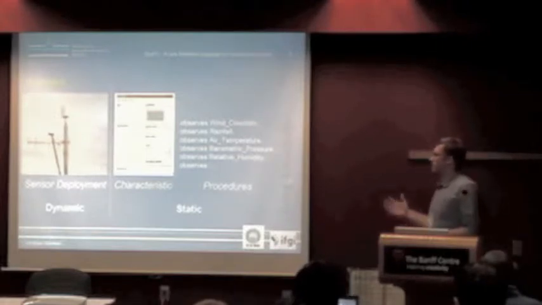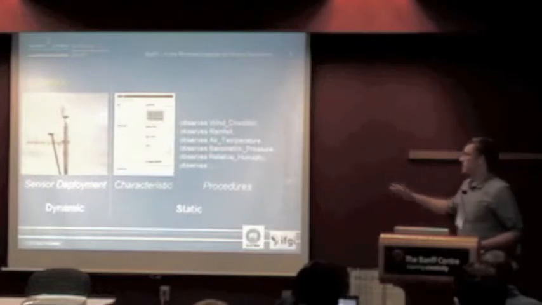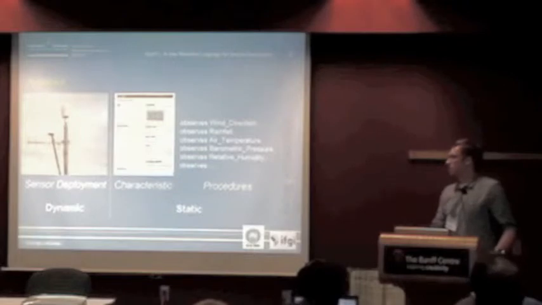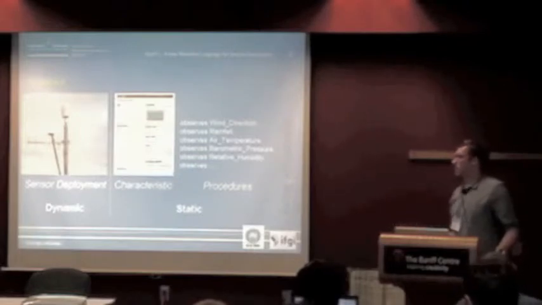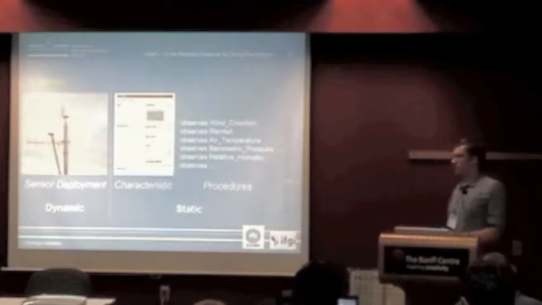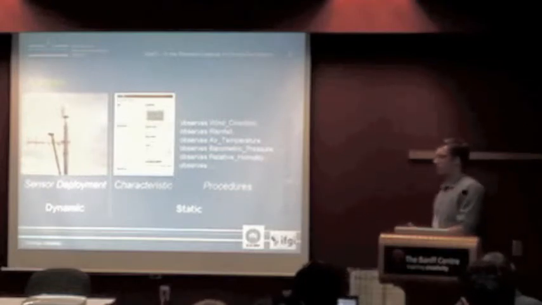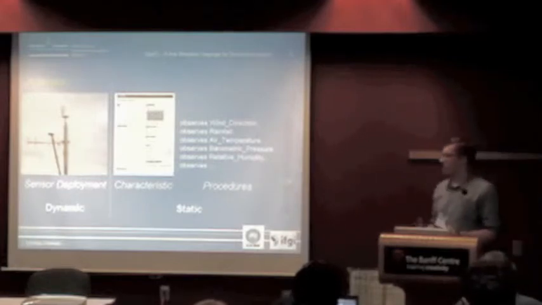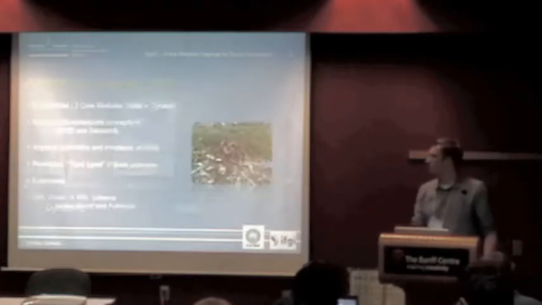In this example, it observes wind direction, rainfall and others. And the dynamic module focuses more on time and space related information and the deployment of the sensor, so that you can deploy and redeploy a sensor, or know where a certain sensor of a certain model is.